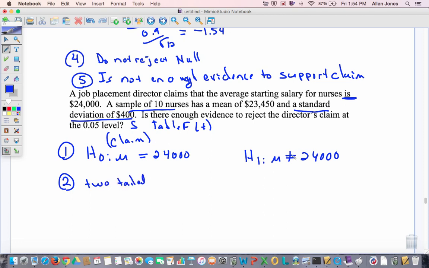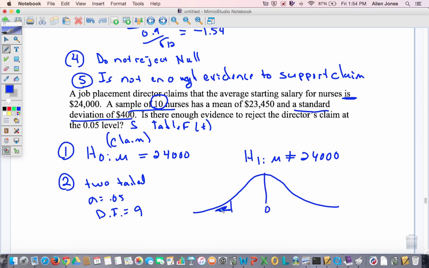So in step number 2, we'll note that first of all we have a two-tailed test because of the not equal to. It could be less than or it could be greater than. We have an alpha of 0.05 and we have degrees of freedom of 9. A sample of 10 means we have 9 degrees of freedom.